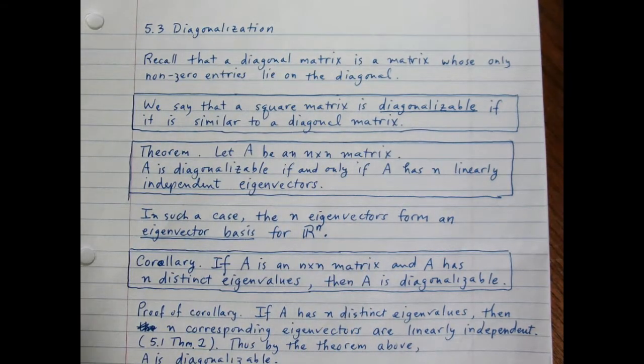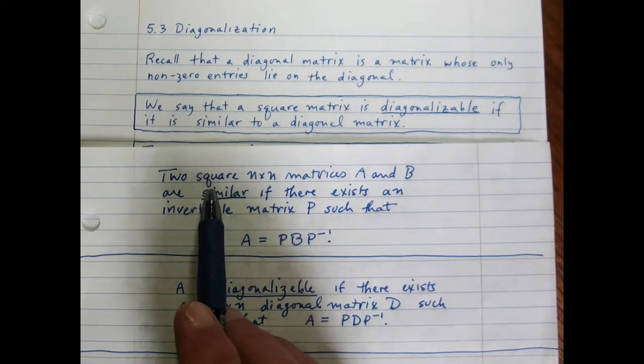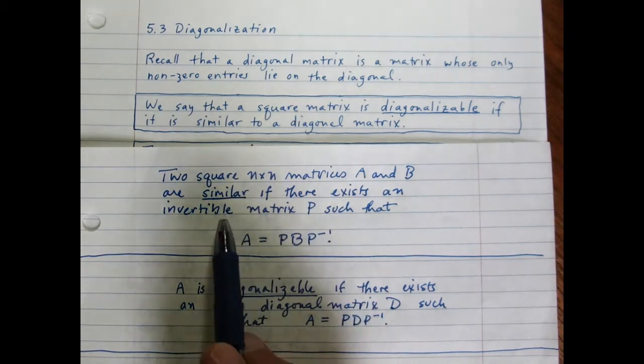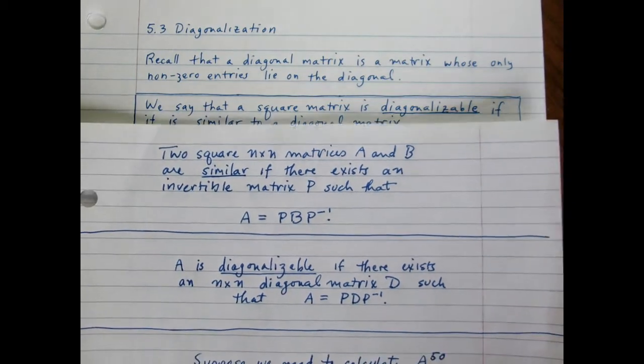Now, just before we go any further, let's recall that two square n by n matrices A and B are similar if there exists an invertible matrix P such that A equals PBP inverse.